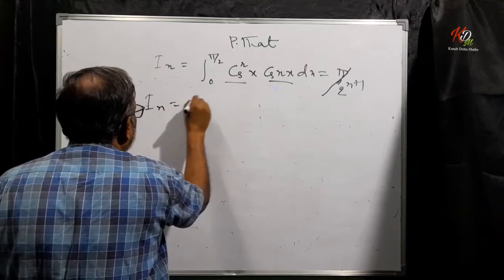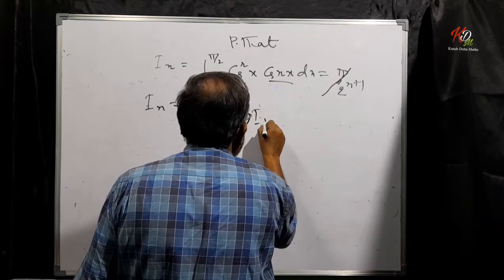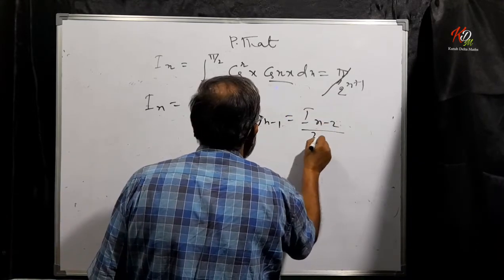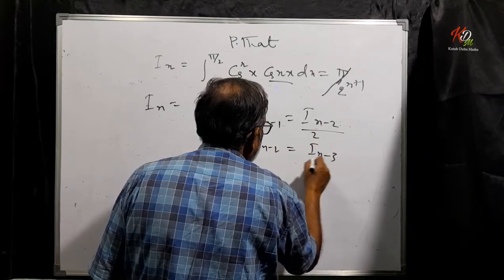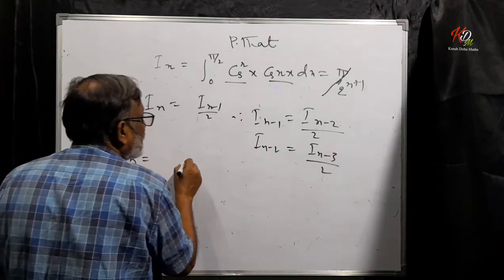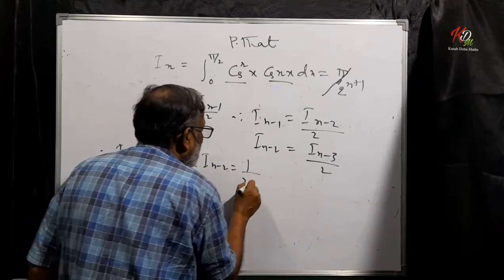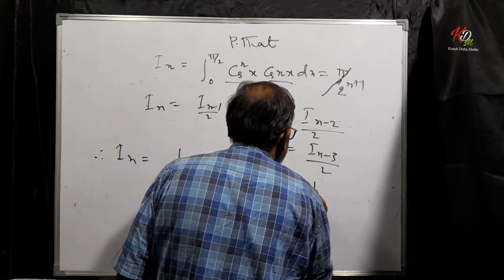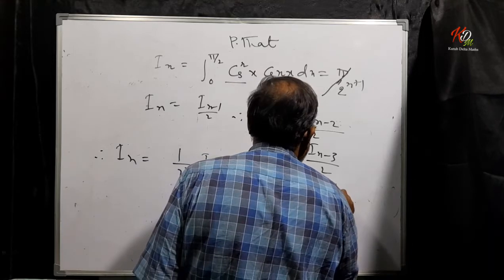Now the reduction formula: I n equals 1 by 2 I n minus 1, I n minus 1 equals 1 by 2 I n minus 2, I n minus 2 equals 1 by 2 I n minus 3. So I n equals 1 by 2 square I n minus 2, 1 by 2 cube I n minus 3, and so on, 1 by 2 to the power n I0.